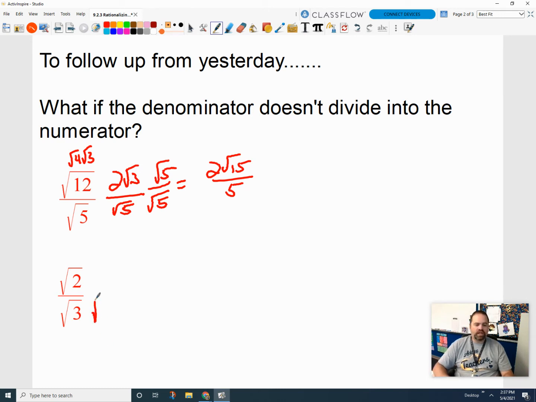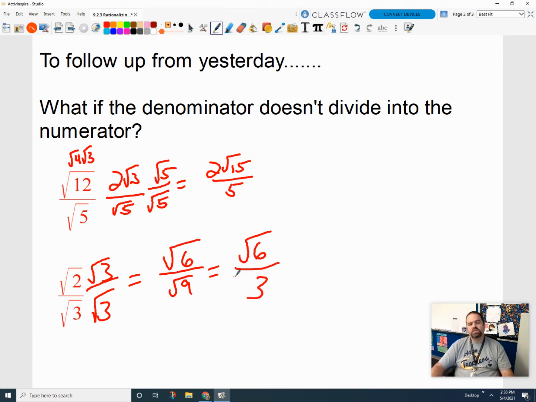Same trick here. I'm going to multiply by root 3 over root 3. So again, just 1. That's going to leave me root 6 over root 9, which we purposely created as a perfect square. So root 6 over 3. These don't get any harder. The only thing is, like I said a couple of days ago, at the end of the day, when all this is done, your answer needs to be as simple as possible.